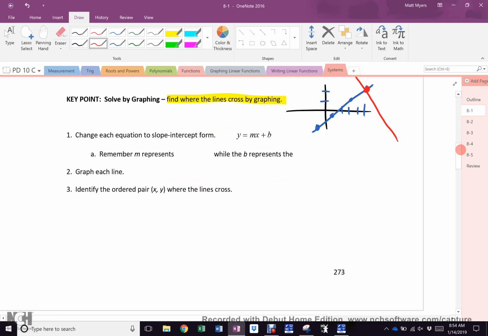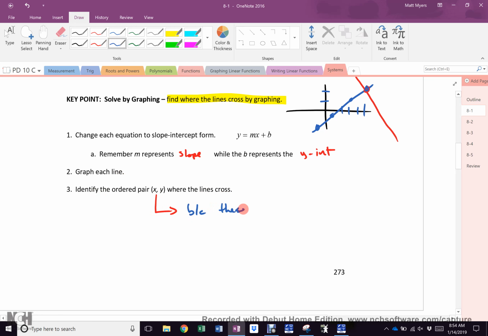Let's see if we really get it. Of course, what is the easiest way to graph? Slope-intercept form. M is slope. B is y-intercept. Graph each line. Find out where they cross. Why is this the solution?